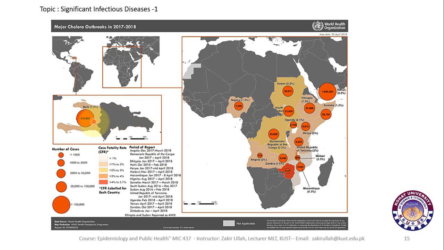And Haiti, which is the American state, in which the number of cases was very high. And this is the case fatality rate, as we have discussed in the previous lecture, the number of deaths from a specific disease.